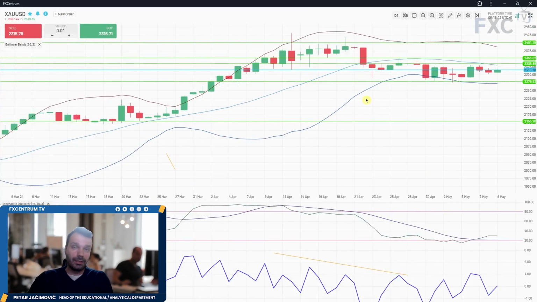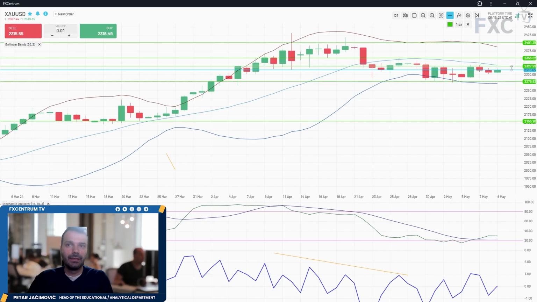Now on the gold market, we are still trading inside of this consolidation. So support at 2279, resistance at 2353, and the middle Bollinger Band is set around, let's say, 2330. So I would like to see a breakout of this trading range. It's more like a 2-week trading range.